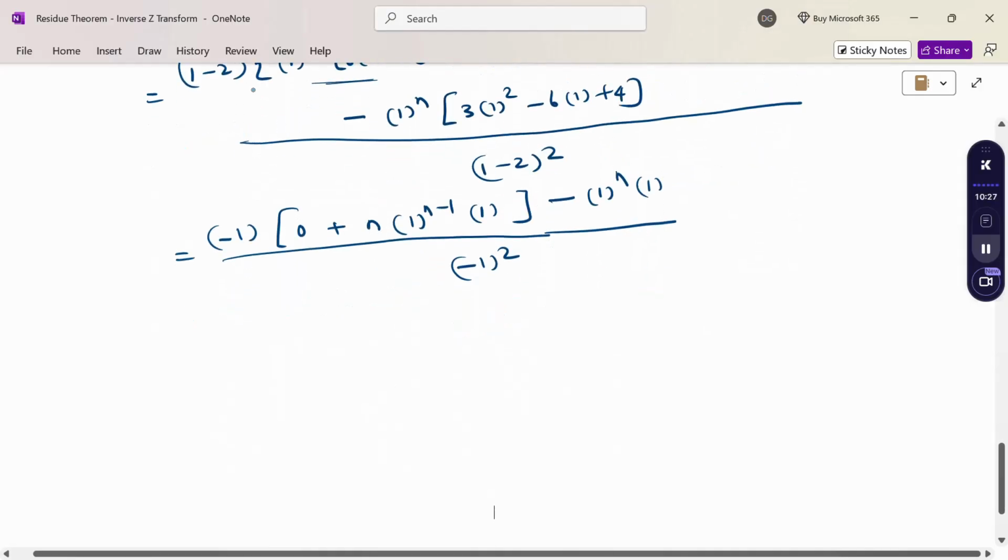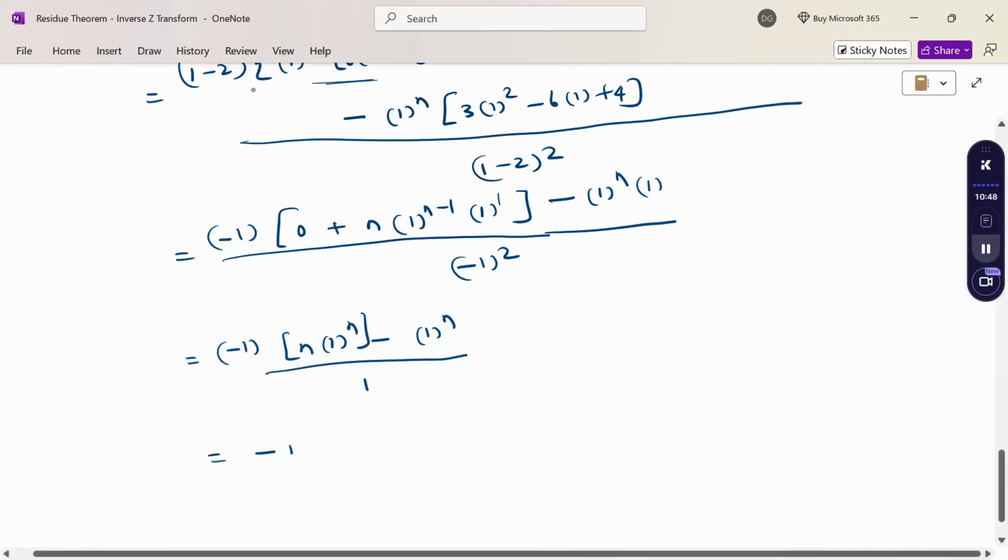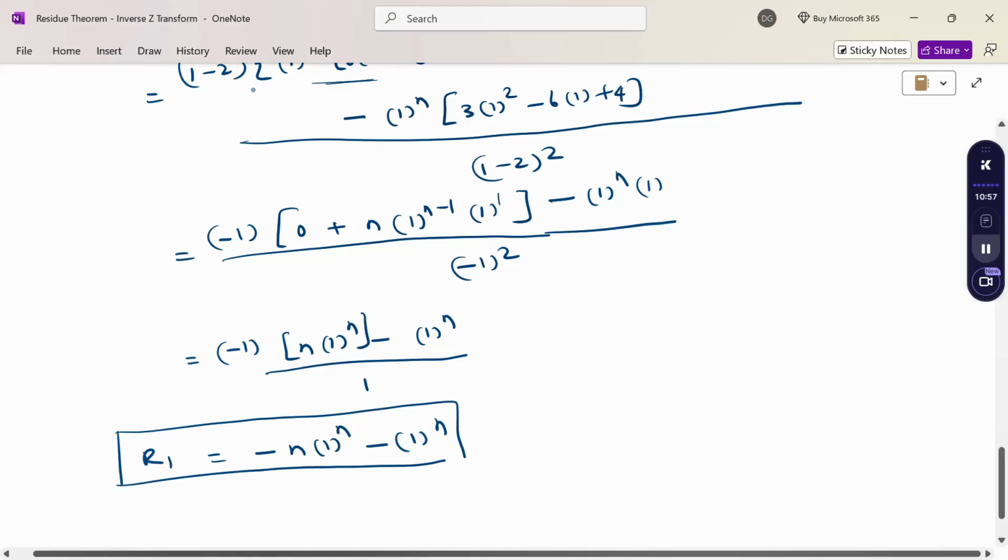So therefore when I multiply, n into minus 1, n into 1 power n minus 1 power n, whole divided by minus 1 square is 1. So therefore minus n into 1 power n minus 1 power n, this is residue 1. And then find residue 2.